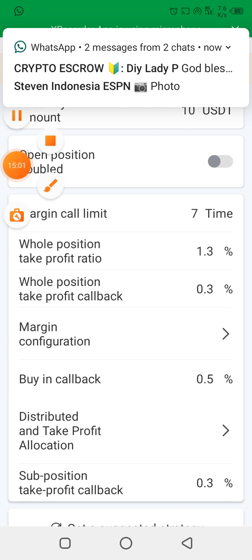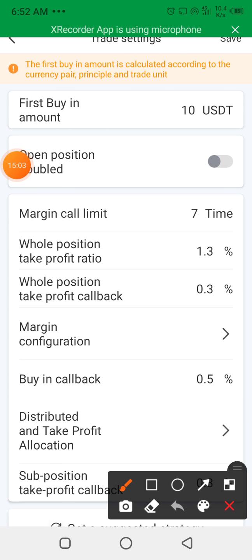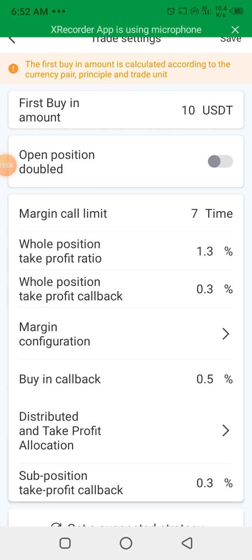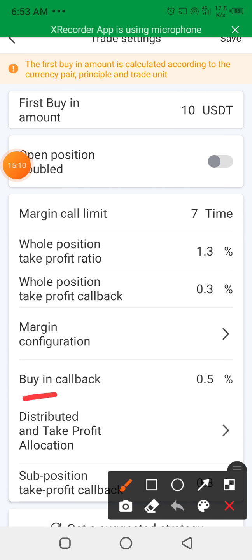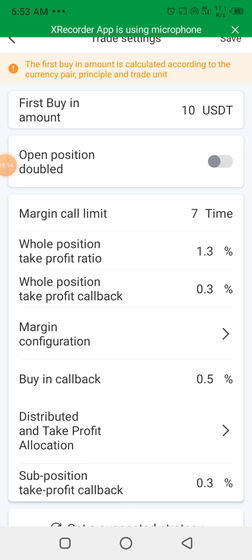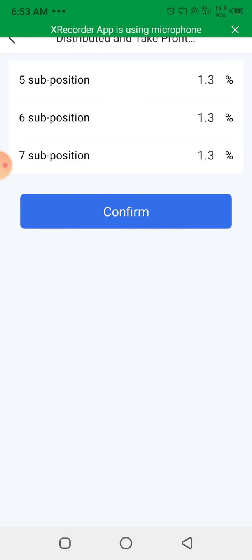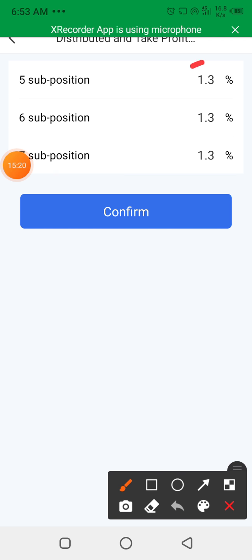So at here, if we open this one, distributed and take profit allocation, you see that the system has already put 1% for you.